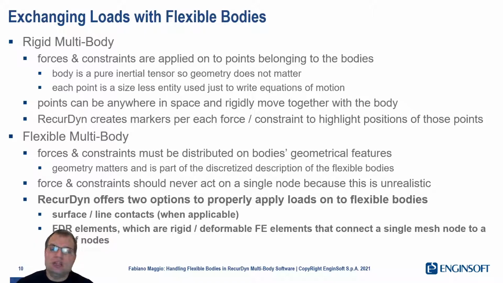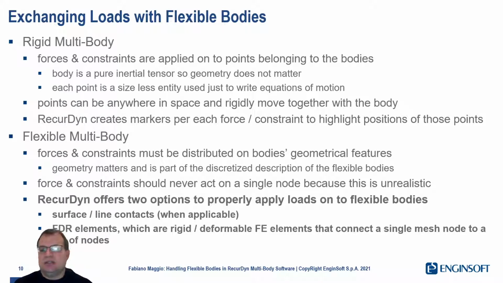They might be rigid or deformable, depending on the options you set, but these are connecting structures that go from one node to a number of nodes located on the flexible structure.